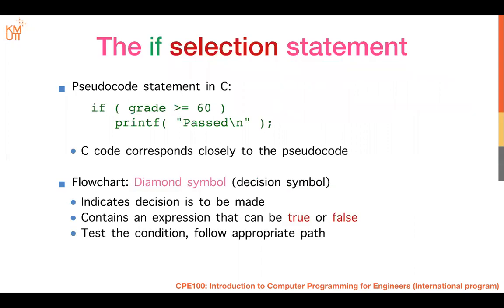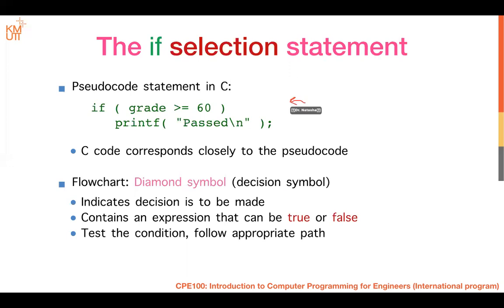Okay, next I will talk about the if statement in more detail. When you want to write a pseudocode statement in C, you can write like this. From the previous example, if the student's grade is greater than or equal to 60, then you print passed.